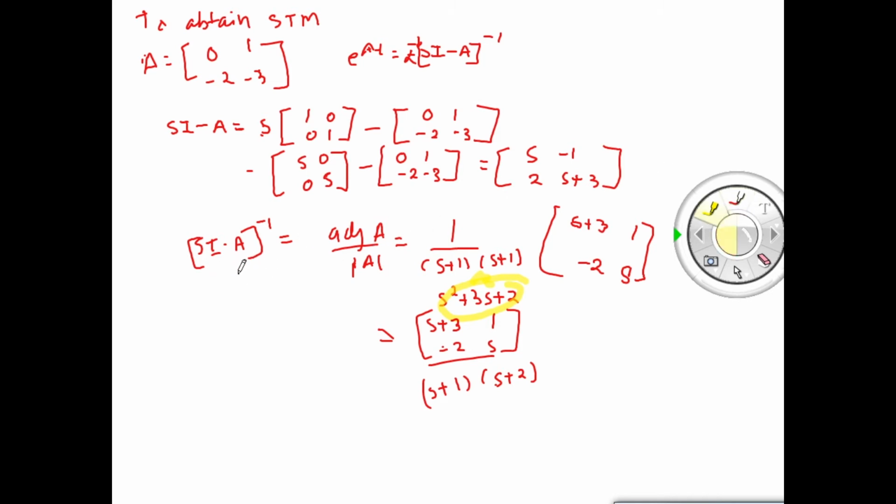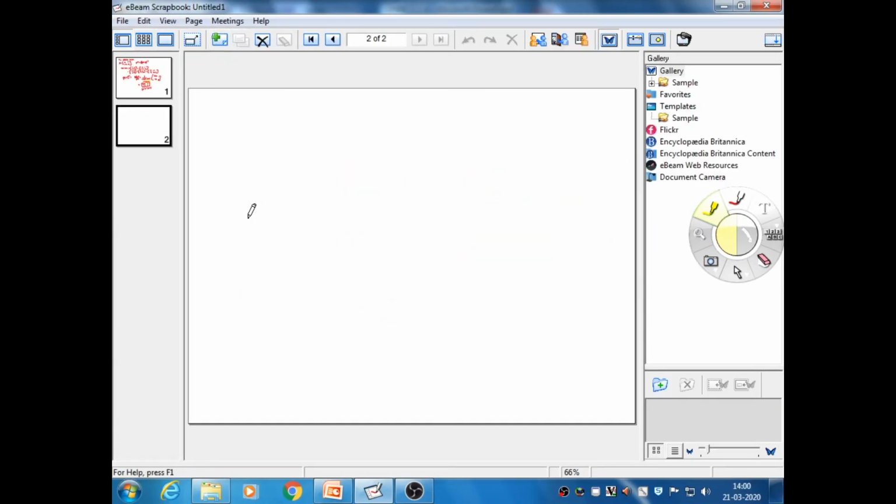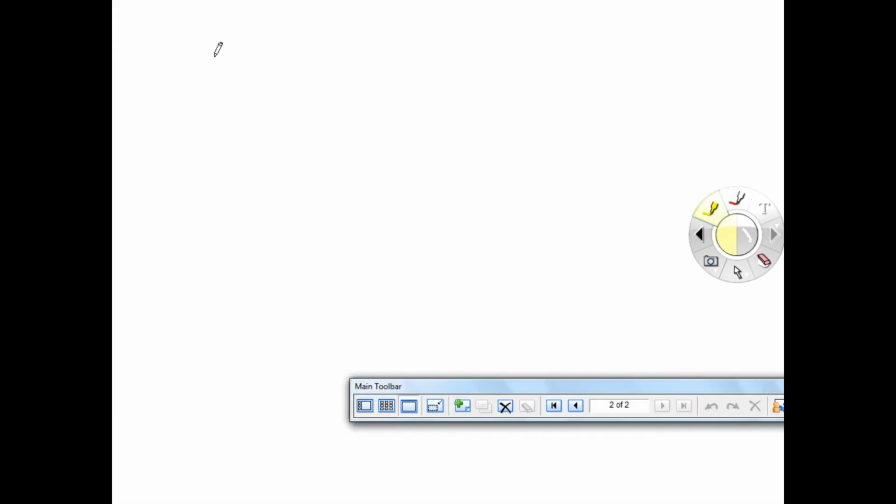Now we have to find the Laplace inverse of this. So I will take a new slide. It will look like this.